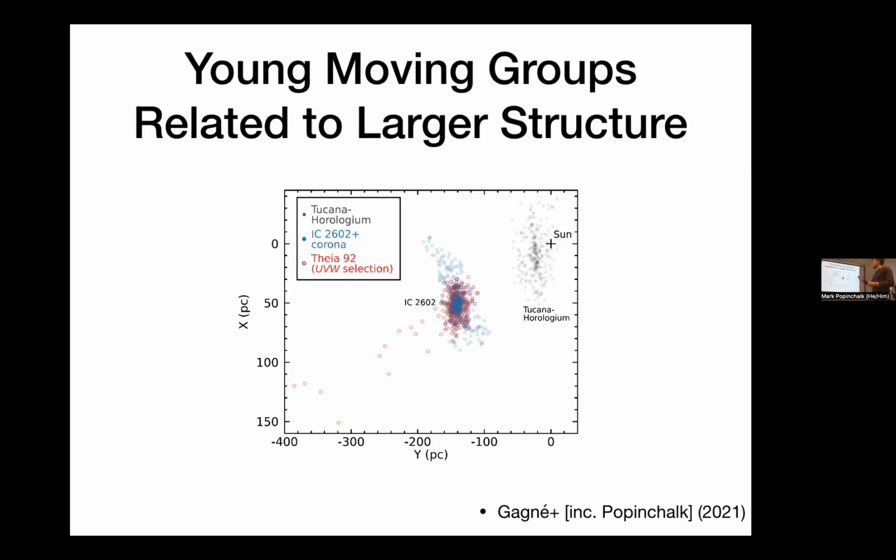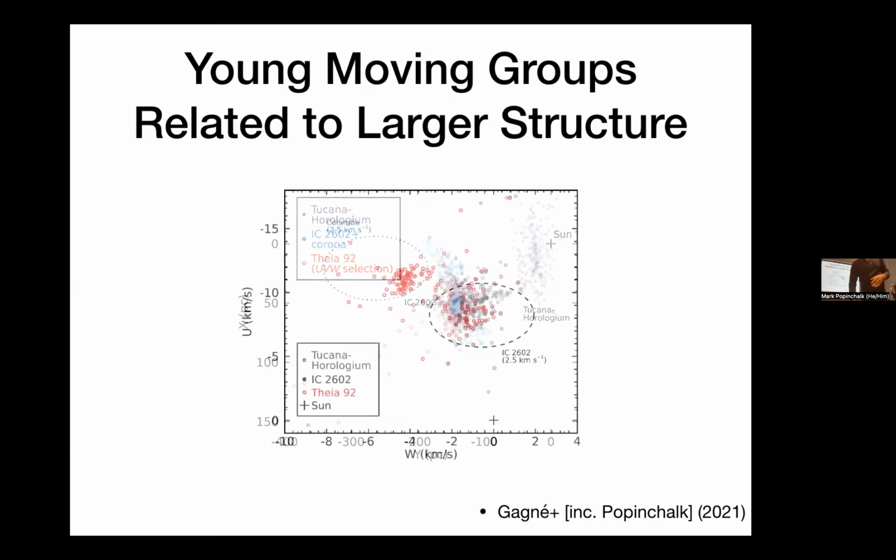While Theia 92 and IC 2602 seem like they're right on top of each other, while Tucana is separated in physical space, if we look at kinematic space, they do tend to fall on top of each other.